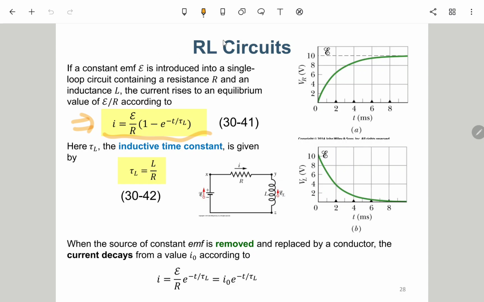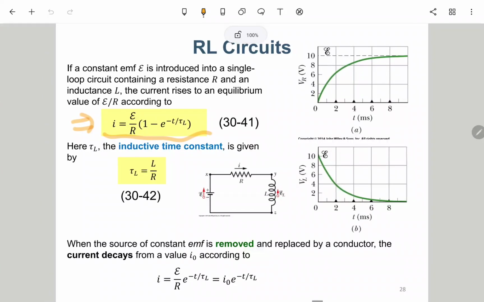It has one resistor and one inductor in series. So here we have a battery, a resistor, and then an inductor all in series. We assume that at the very beginning we don't have any current.